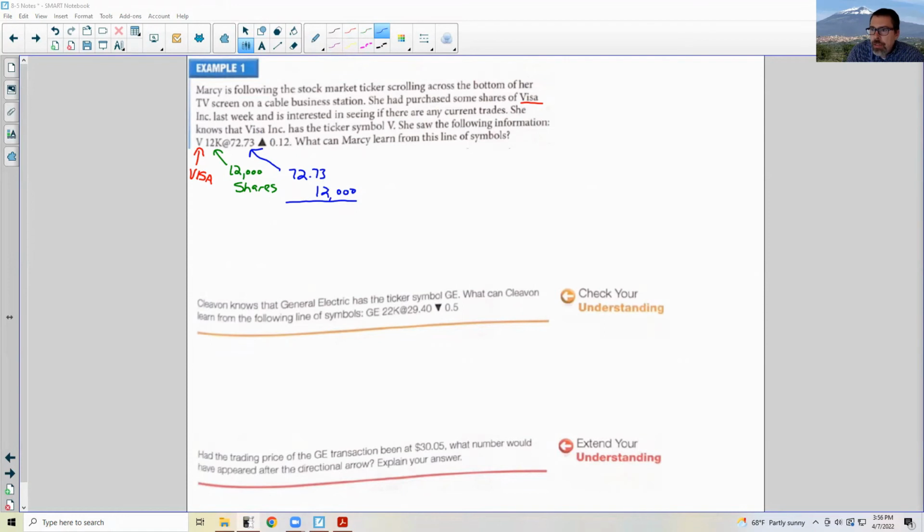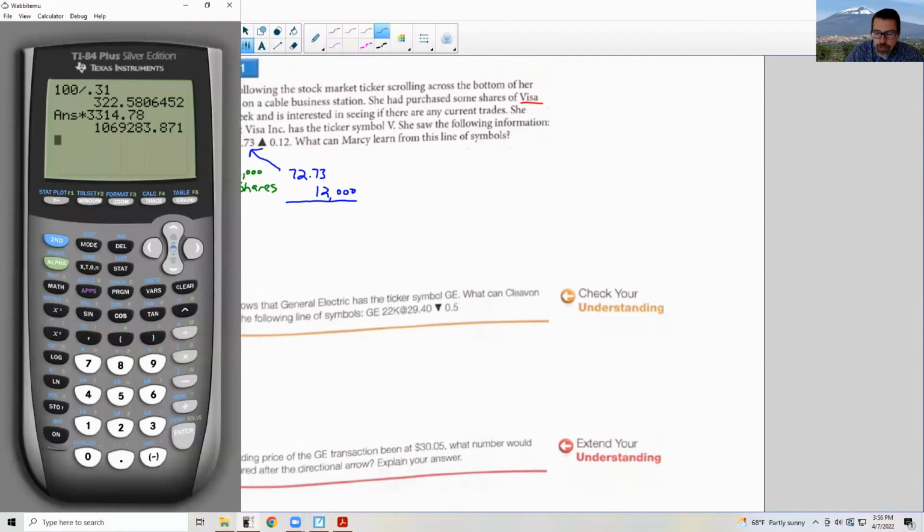One second, my calculator went to my other screen for some reason. 72.73 times 12,000 is $872,760.